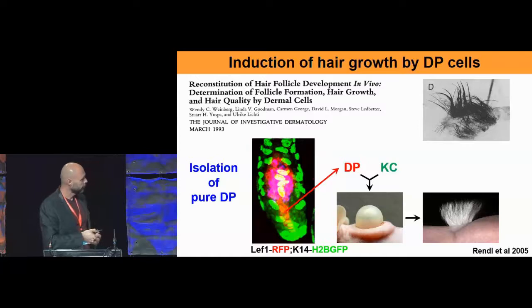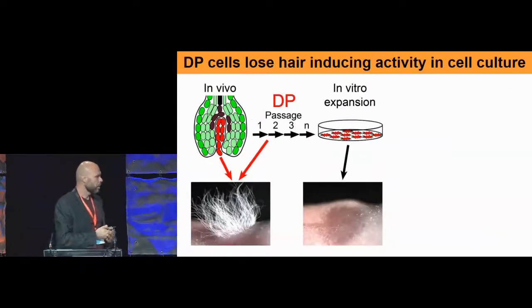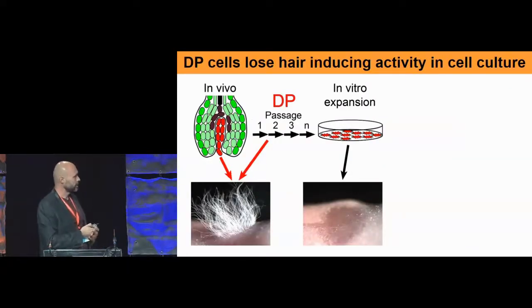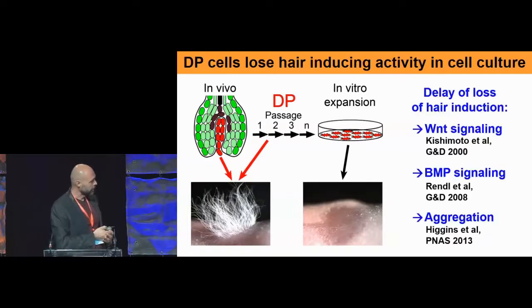hair follicle formation. And so one problem in the field is really that when these DP cells are isolated and propagated in culture, both in mouse and human, and many companies have tried, these cells still lose the hair-inducing activity. Several researchers over the years tried to figure out signaling pathways that could possibly alter this phenomenon and propagate the hair induction activity.